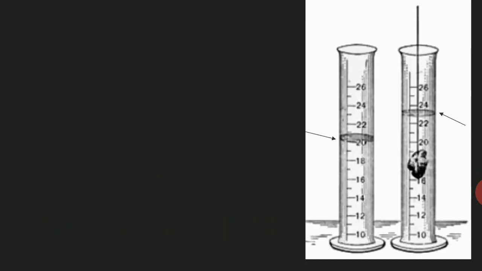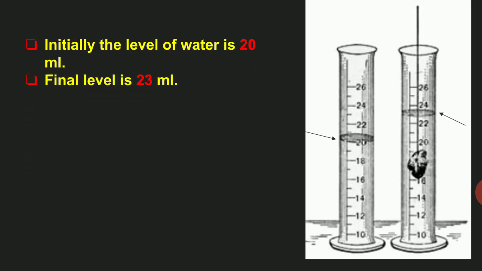Now let us see one experiment over here. We have a measuring cylinder. In the first cylinder, we see the marking is the initial level of water being 20 ml. In the second measuring cylinder, when we immerse a stone which is tied to a thread, the marking we see is going to 23 ml.